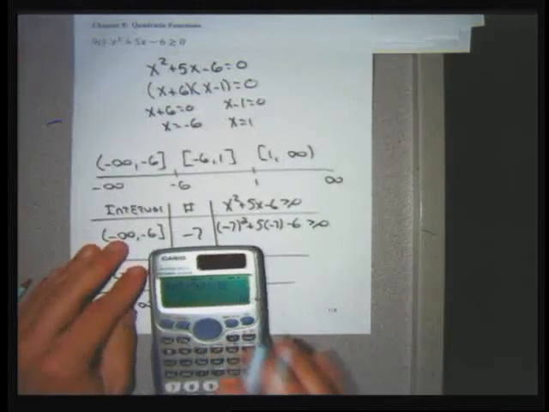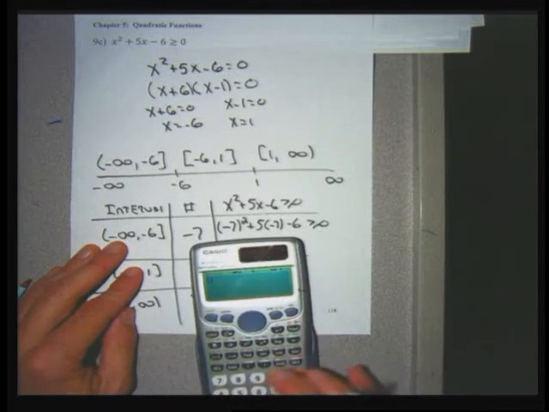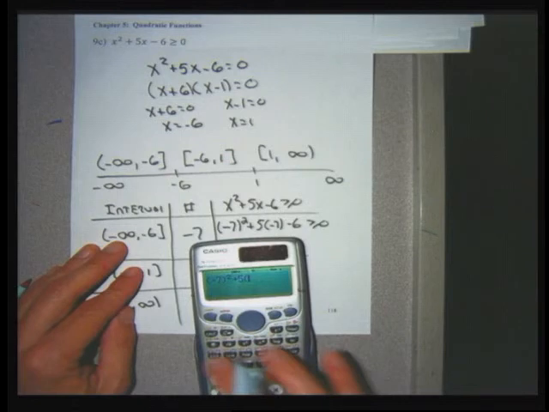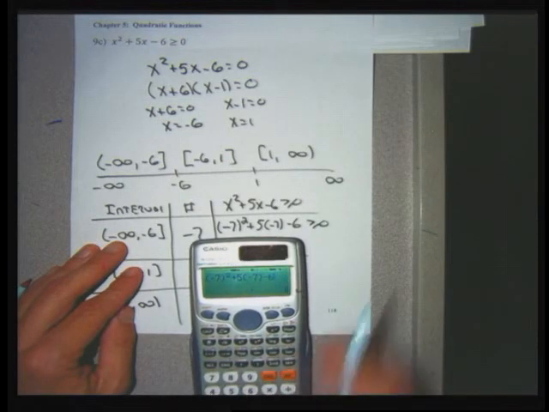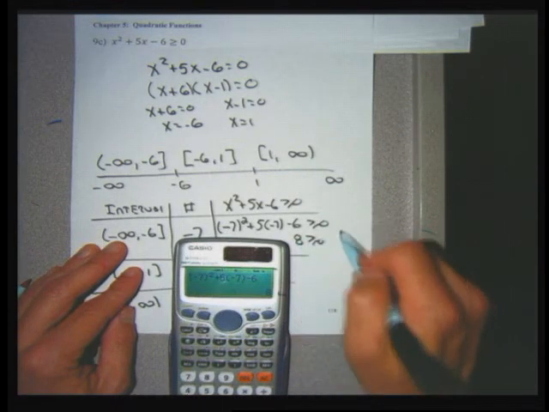Break out my calculator, so parentheses, -7 squared plus 5 times -7 minus 6. This gives me 8 is bigger than 0, and that's true.